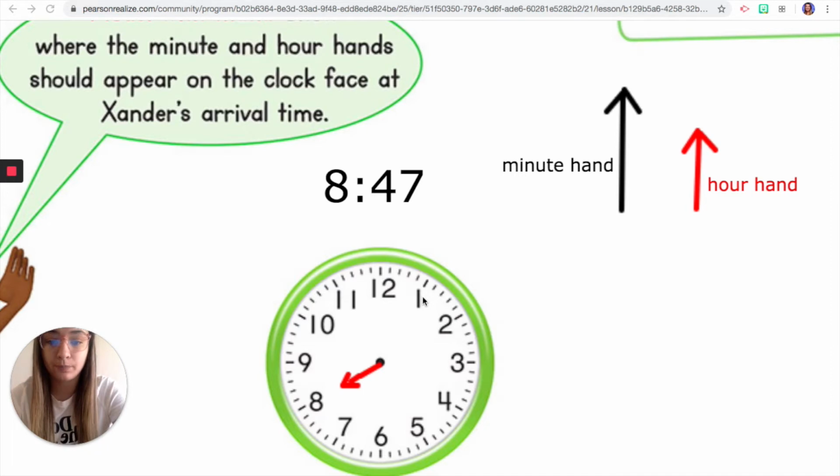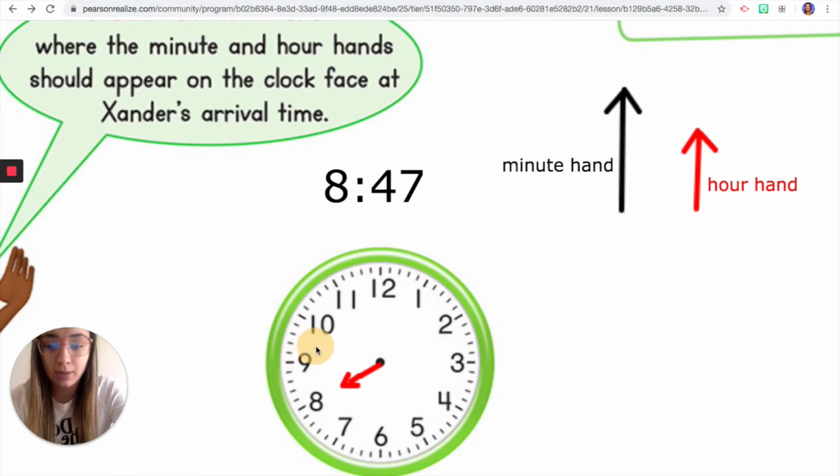So here we go: 5, 10, 15, 20, 25, 30, 35, 40, 45. I'm at 45, but my number says 47. If you see the little notches here, those each equal 1. So if I have 45, I'm going to go 46, 47.